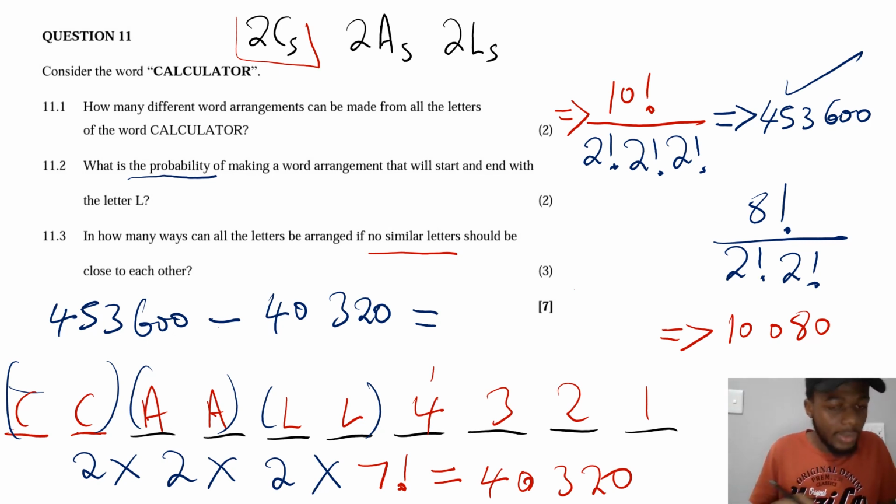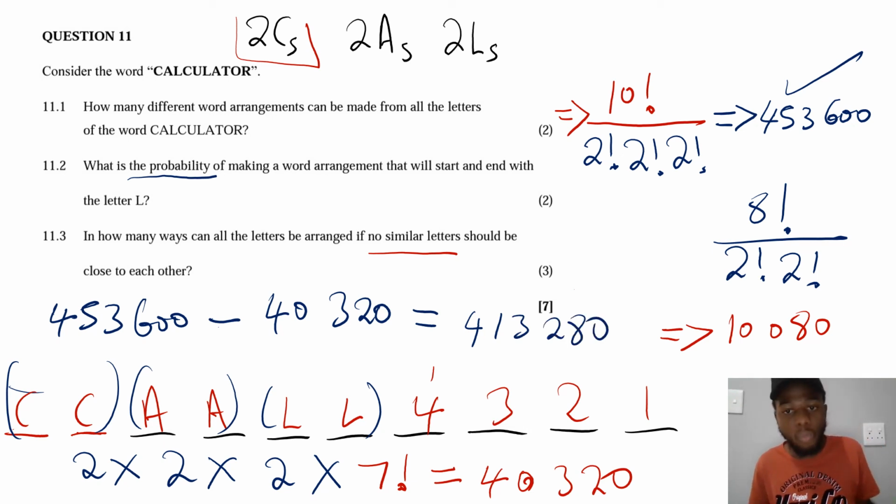So it's going to be 453,600 minus 40,320. I think we're going to get 413,280. So these are the number of ways when there are no similar letters close to each other. Then we are done with that one.